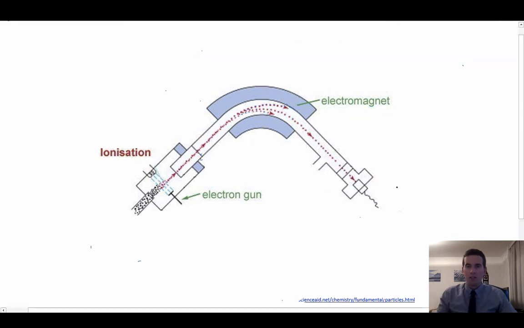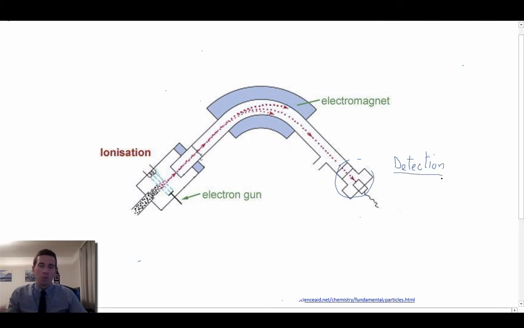Only one stage left. So the final stage occurs here, and this is detection. So sensors can detect when they are hit by fragments. Now in the previous stage, the fragments were separated based on their mass. Because they had different lengths of journey through the equipment, they arrive at different times.